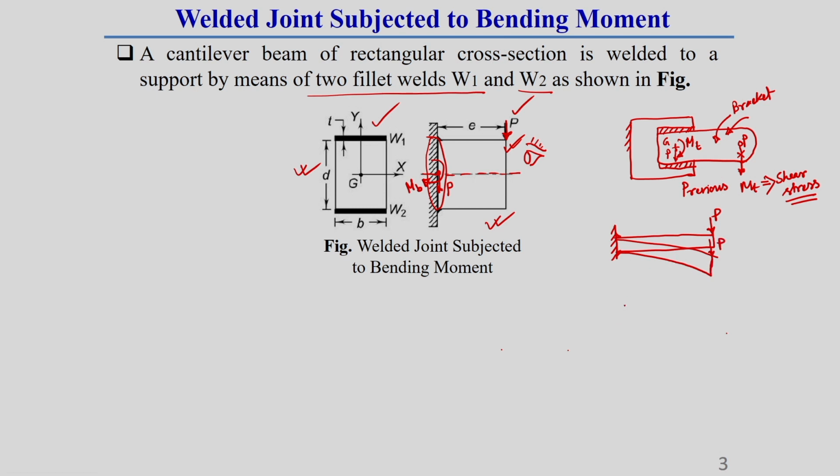Once this beam is bending, due to this bending its top fiber is stretched and bottom fiber is generally compressed. Let this be a rectangular cross section.